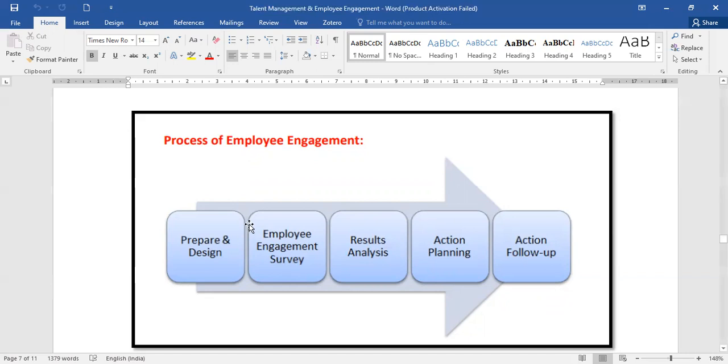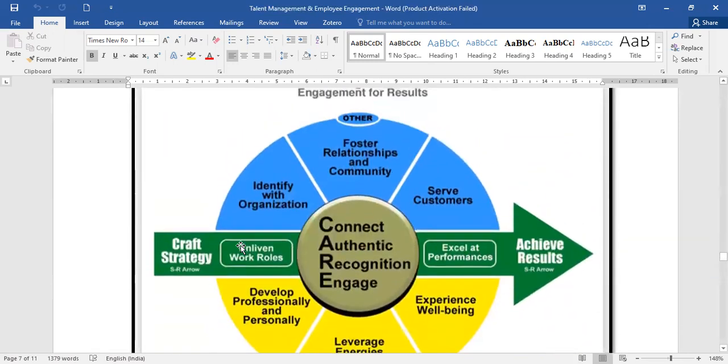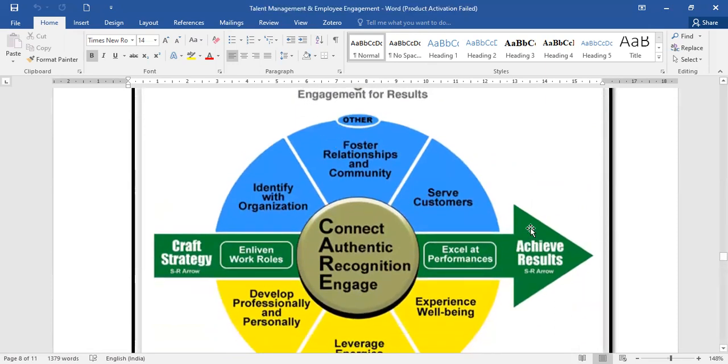Now, for engagement, I have taken an example over here in the form of the Ginger model, that is engagement for results. So if you see the model, we will just understand the model properly. In the diagrammatic presentation, we have achieve results and craft strategies.